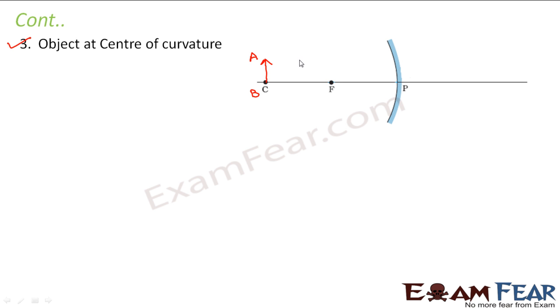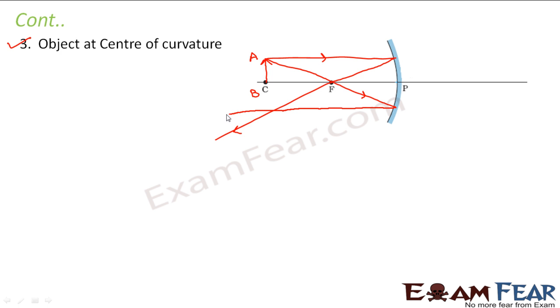Now in this case, let us suppose one ray of light goes parallel to the principal axis, and as per rule number 1, it passes through the principal focus. Now let us put another rule, rule number 2. That means another ray is passing through the principal focus, so after reflection, it will go parallel to the principal axis.